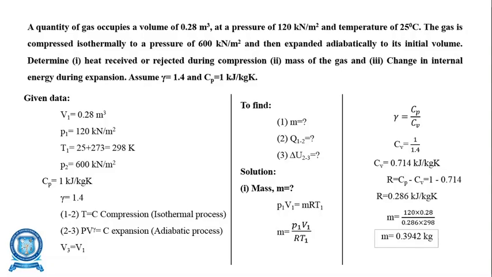Remember this. Process 1 to 2, the first process, is isothermal compression. So we write 1 to 2, T is equal to C. An isothermal process is otherwise called a constant temperature process. And process 2 to 3 is adiabatic expansion, where PV to the power gamma is equal to C. That is the adiabatic equation.